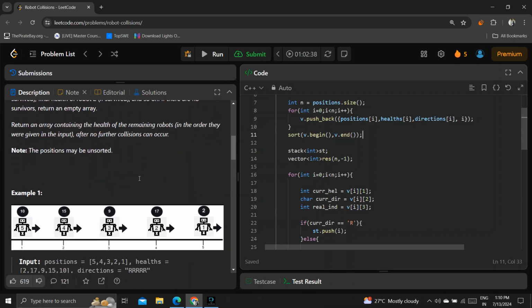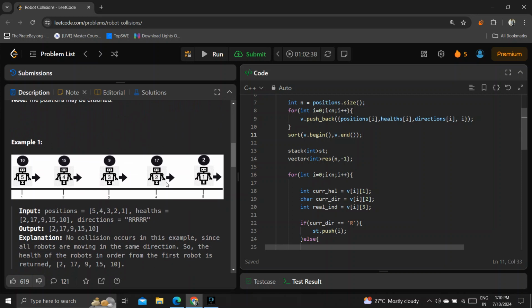But there is also a position given here, right? So basically, if these two robots survive, suppose this robot is 2 and this robot is 1, we have to return the health of these two surviving robots in this order only. We cannot do this in one and two way.